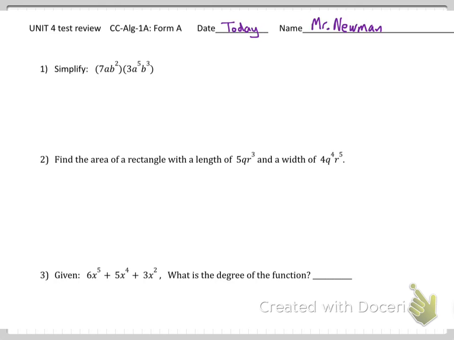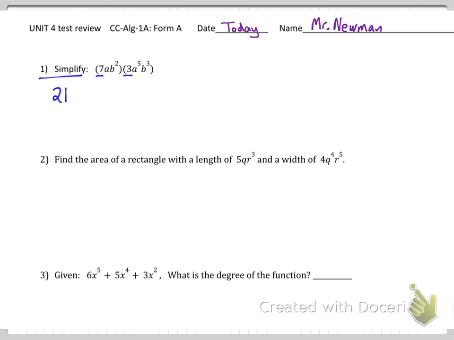So let's get started. For the first one, we want to simplify 7ab squared times 3a to the fifth b cubed. This is just a monomial times a monomial, so I'm not going to distribute anything. We just need to multiply the coefficients, 7 times 3 is 21, and multiply each of the powers.